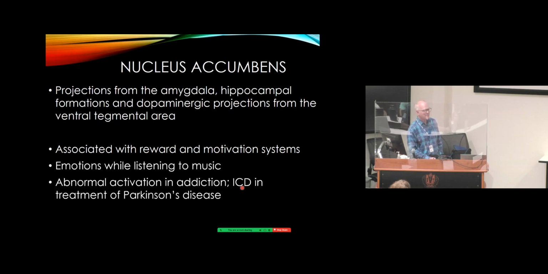I have patients tell me about these games I've never heard of. Now I'm blocking on the name. It's something that a teenager would play, and the 75-year-old man is just addicted to his phone playing this game because he's on this medication for Parkinson's disease. So impulse control disorder is something we need to worry about in treatment when we use dopaminergic medications.